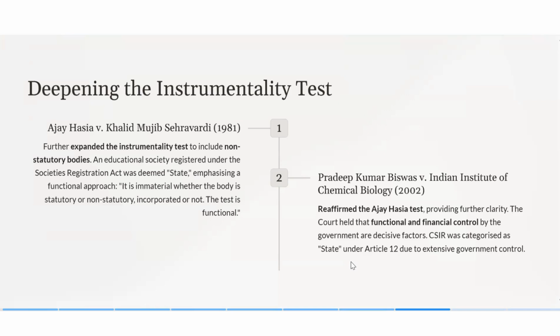The test is functional. Another case, Pradeep Kumar Biswas versus Indian Institute of Chemical Biology, 2002, reaffirmed the Ajay Hasia test, providing further clarity that the court held functional and financial control by government are decisive factors. CSIR was categorized as state under Article 12 due to extensive government control.